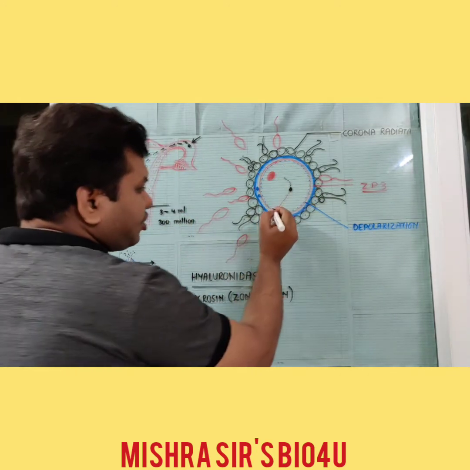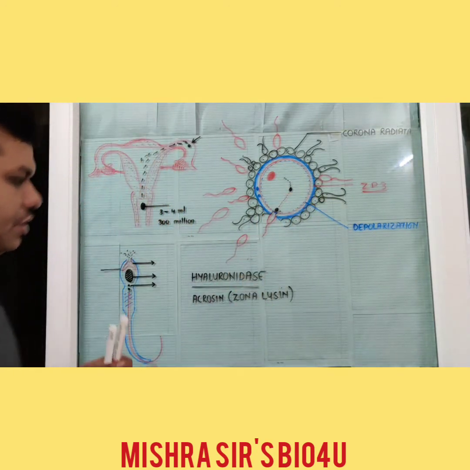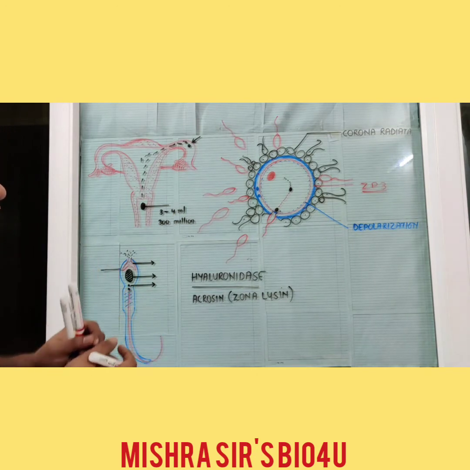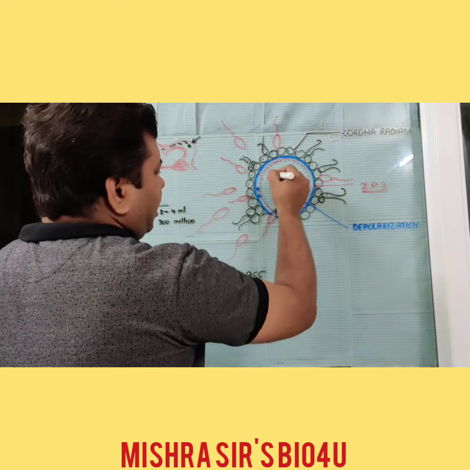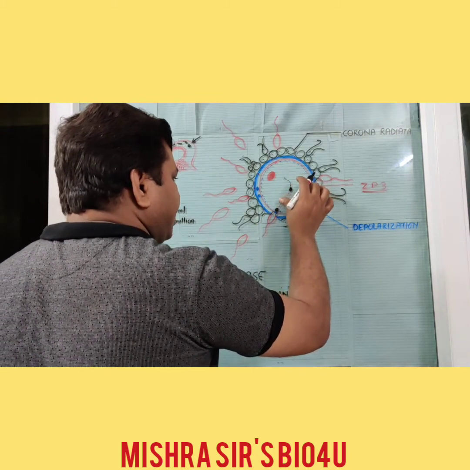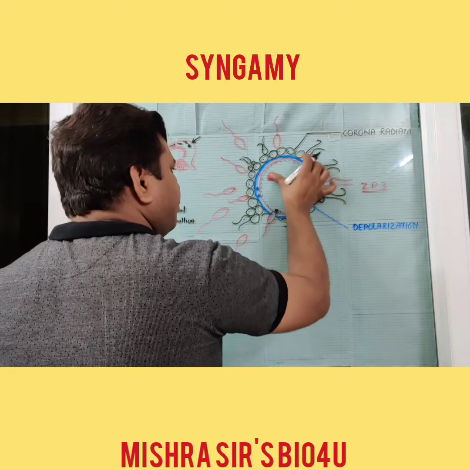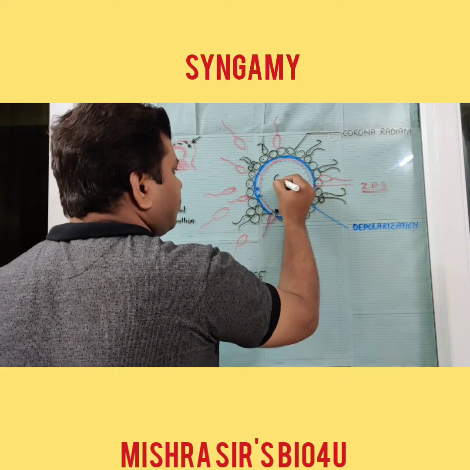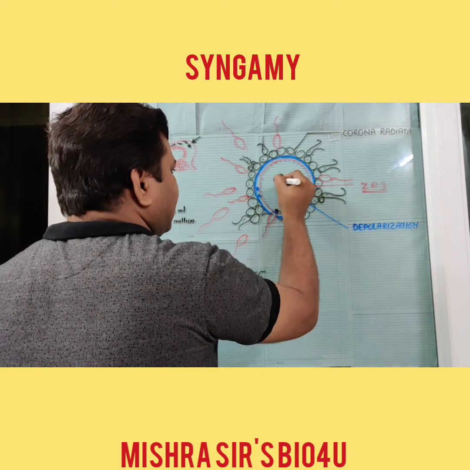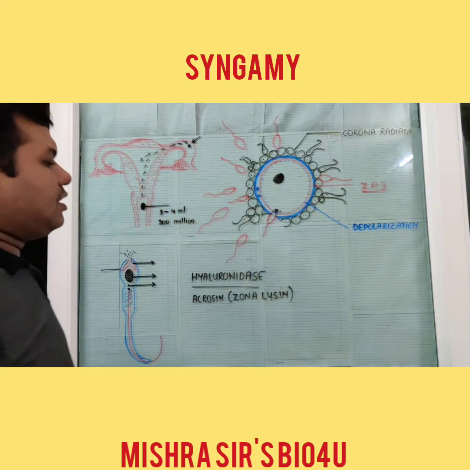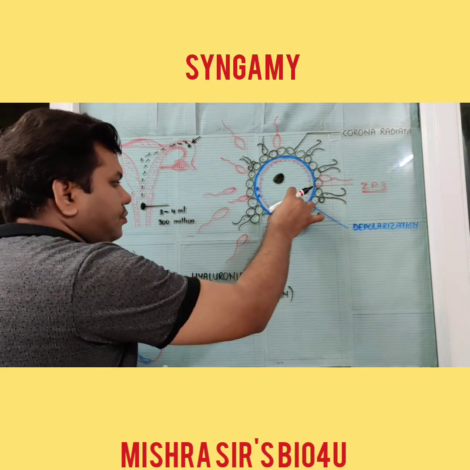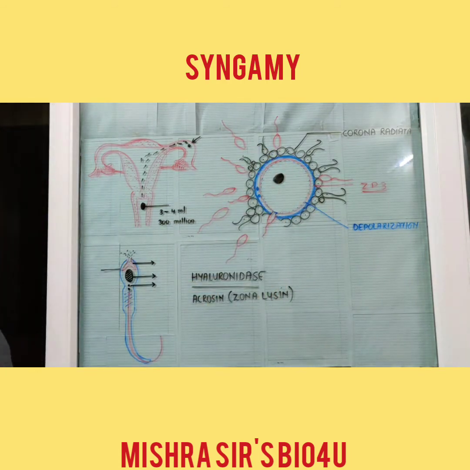Now remember, when it is traveling, the head region nucleus makes a turn in such a way that it will easily fuse with the female pronucleus. And once the fusion is completed, we have a large nucleus with 46 chromosomes, 23 from father, 23 from mother. So now this we call a zygote.